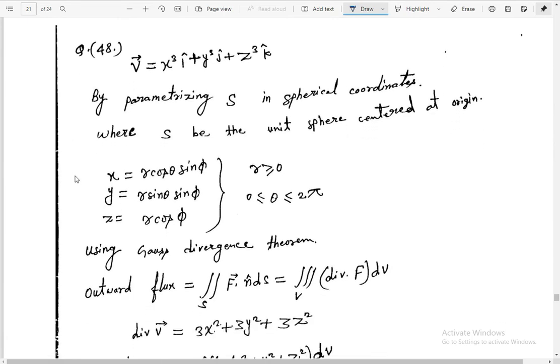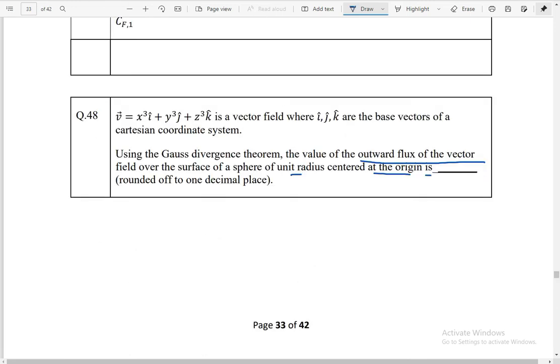This is actually talking about the surface of the sphere.